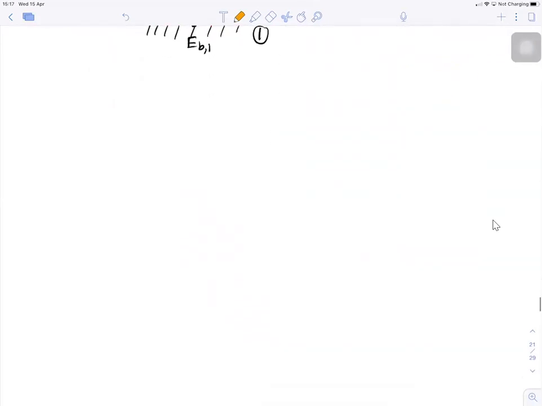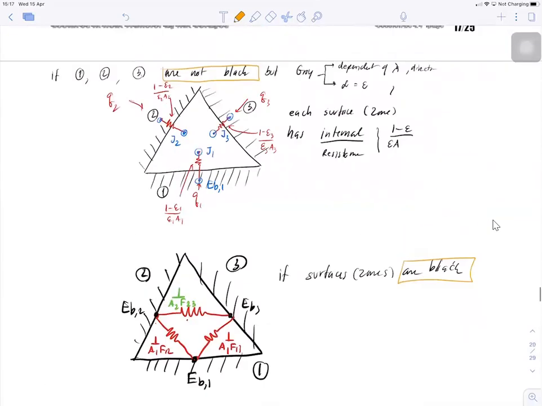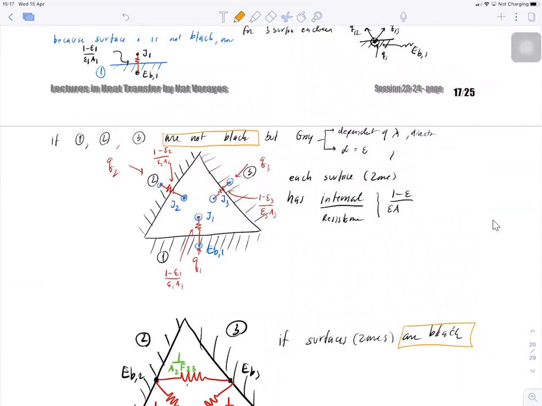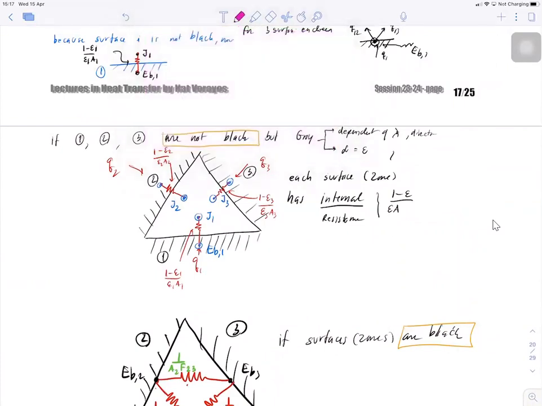Now, as you might guess, this one seems not to be complete yet, because you know that Q1 or Q2 or Q3 passes through some internal resistance from point EB to J. But what happens after J?